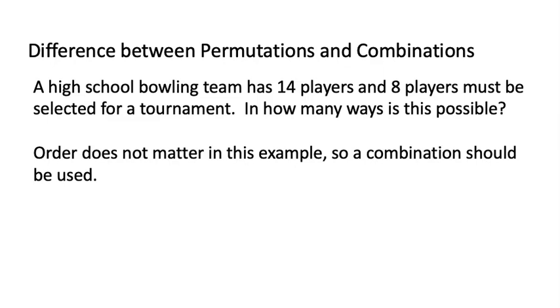So let's first try this with our formula. We have 14 players. We want to choose 8 to attend. 14C8 is 14 factorial over 14 minus 8 factorial times 8 factorial. That's the difference. If you use a combination, you have this extra factor in the denominator. Well, 14 minus 8 is 6.